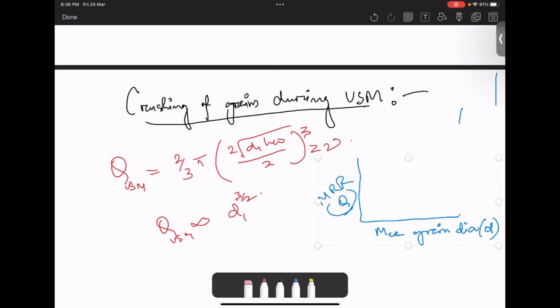So it should rather continuously go on increasing with increasing mean grain dia. But that doesn't happen, right? What happens is, after a particular point of time, the MRR actually starts decreasing.